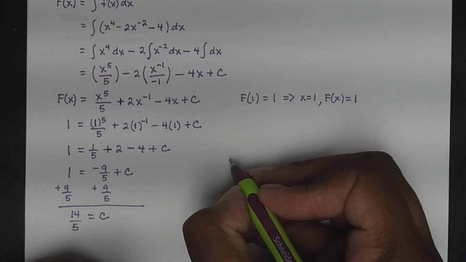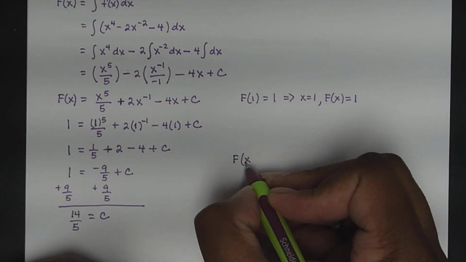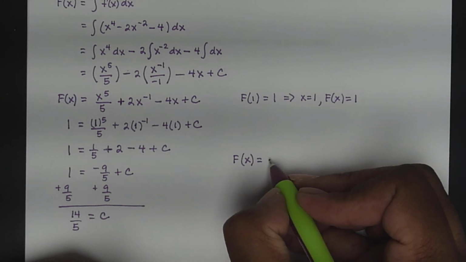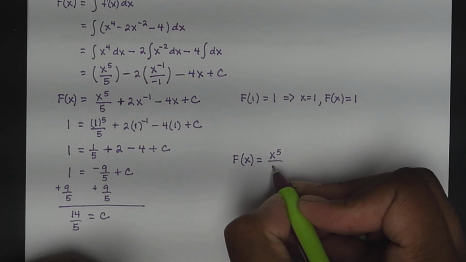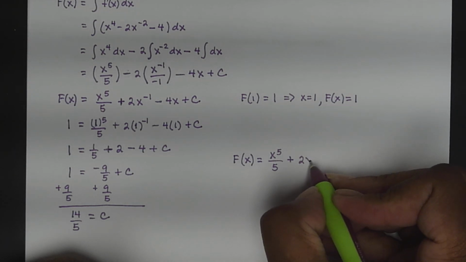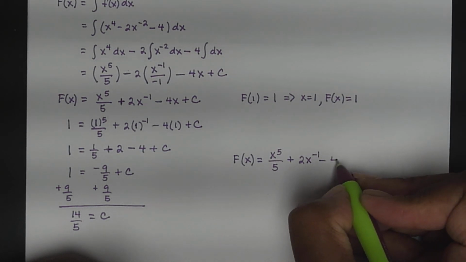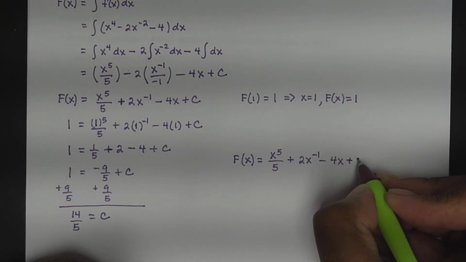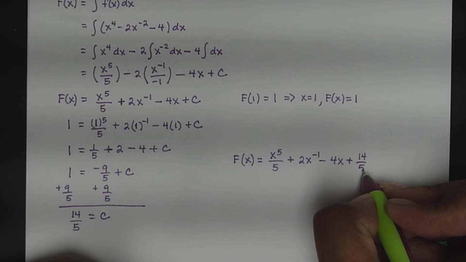So that means capital F of x would be this: x to the 5th divided by 5 plus 2x to the negative 1 minus 4x plus that constant of 14/5.